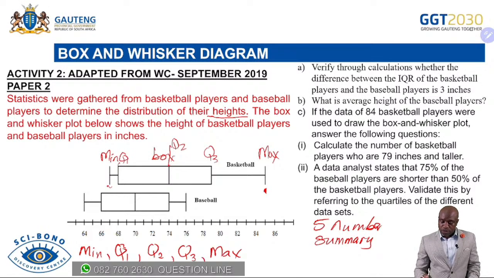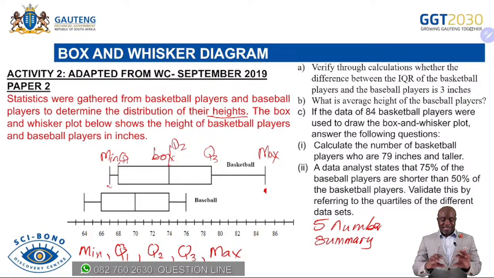But I want you to remember what we get out of a box and whisker. The box and whisker displays our 5 number summary that we talked about the other day, which is the minimum, Q1, which is also called the lower quartile, the median, the upper quartile, which is also called the 3rd quartile, and then it does give us the maximum.